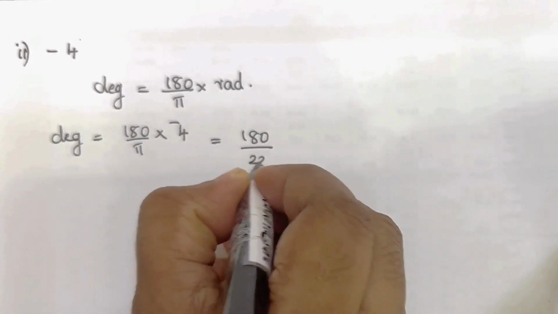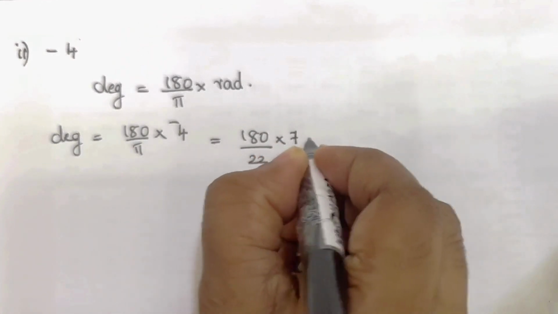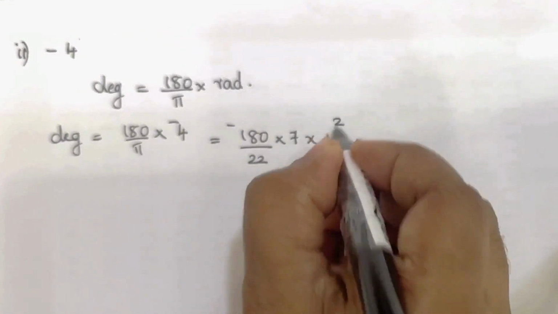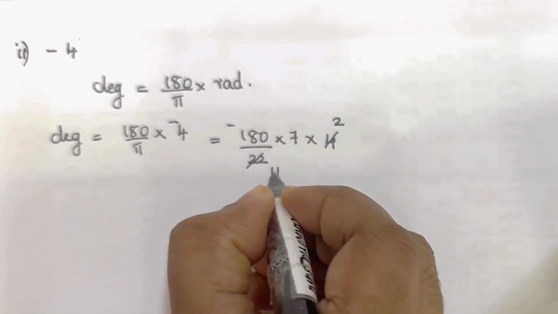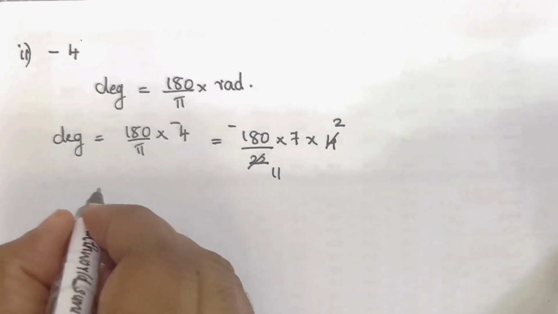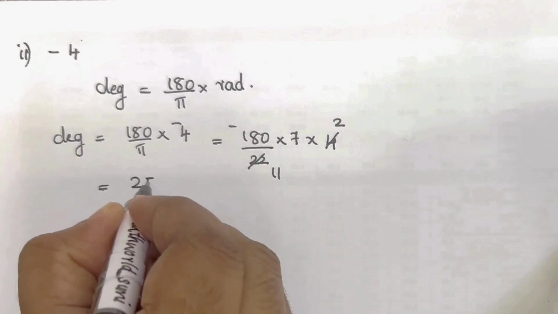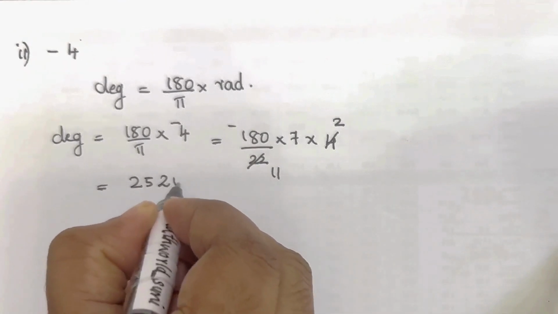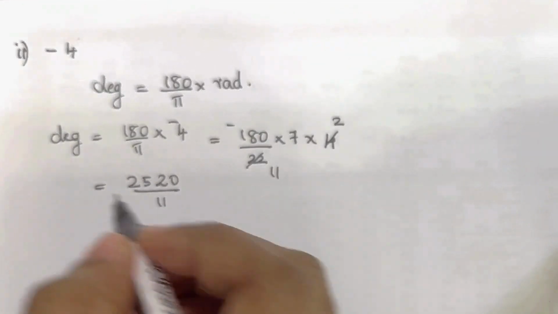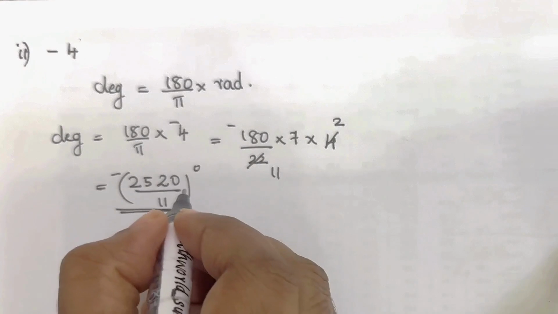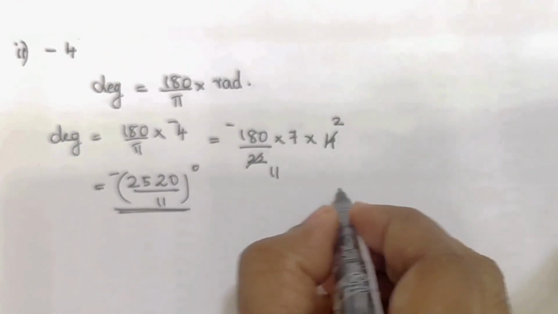That's 180 by 22 by 7, which means into 7 into 4. Cancel 4 divided by 2 is 2, and 22 by 2 is 11. Nothing more to cancel, so 180 into 14 is 2520 by 11. Give the negative sign: negative of 2520 by 11 degree.